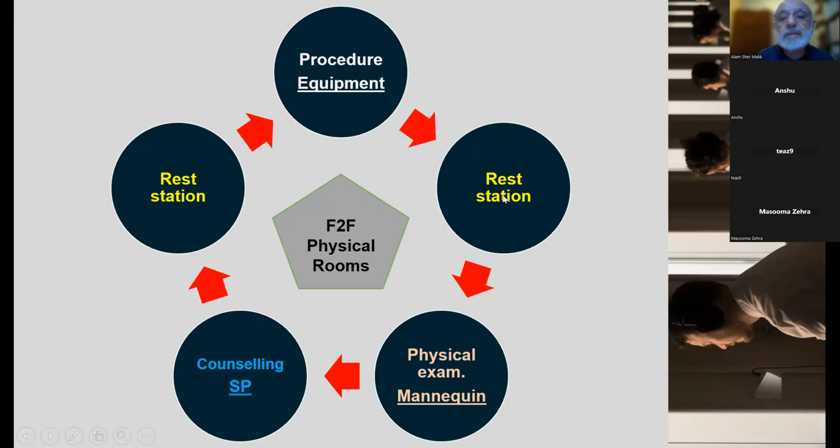Similarly here. In this way, we can accommodate stations which are more intensive, and if time goes a little up and down, that can be managed by using these rest stations.